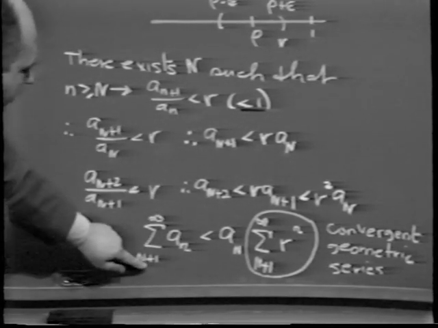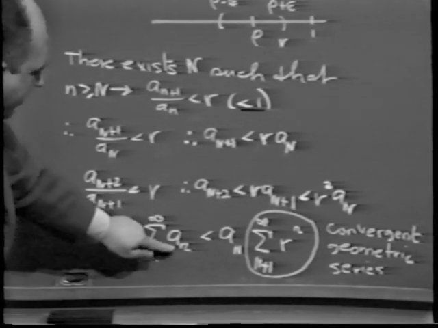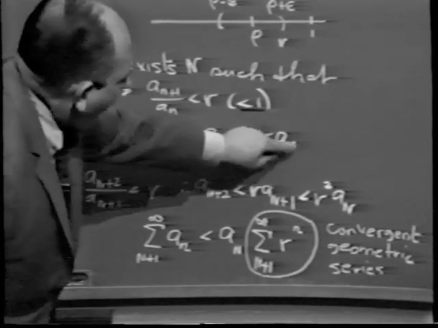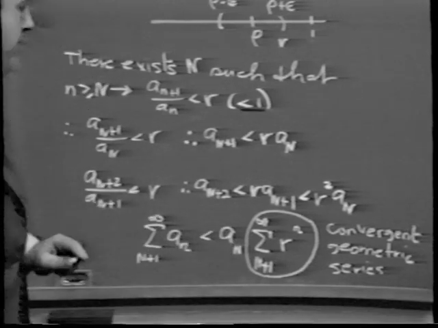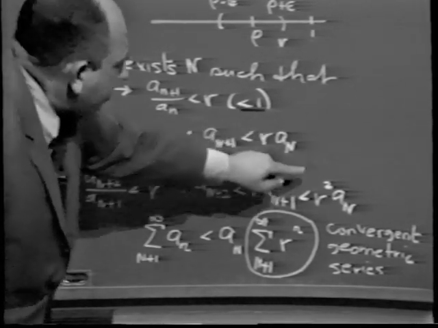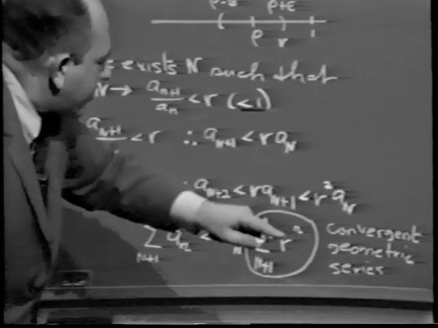The sum from n plus 1 to infinity, in other words, the tail end of this particular sum, is less than what? Well, I can factor out the a sub capital N over here, and what's left inside is what? r plus r squared plus r cubed, etc.